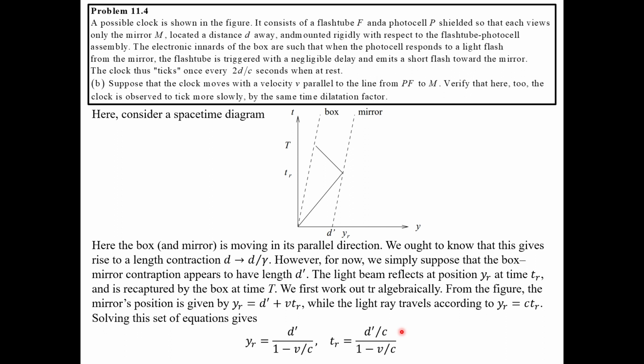The mirror's position is given by y retarded equals d prime plus v t retarded, while the light ray travels according to y retarded equals c t retarded. Solving this set of equations gives y retarded equals d prime over (1 minus v over c), and t retarded equals (d prime over c) over (1 minus v over c).